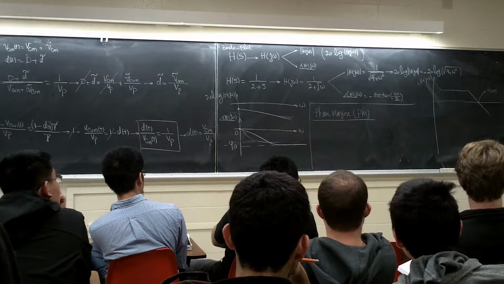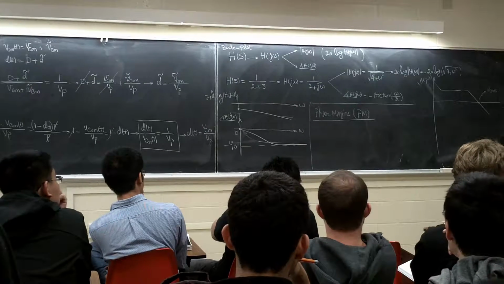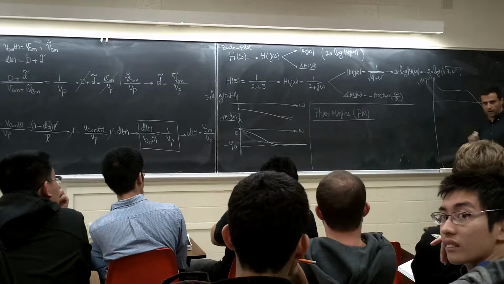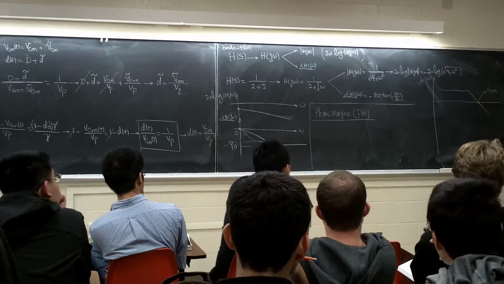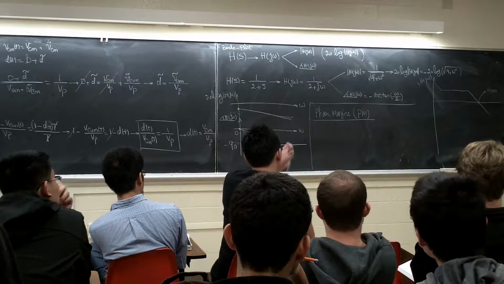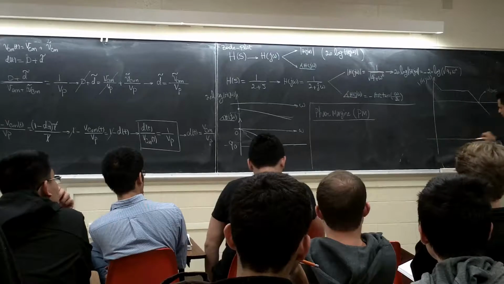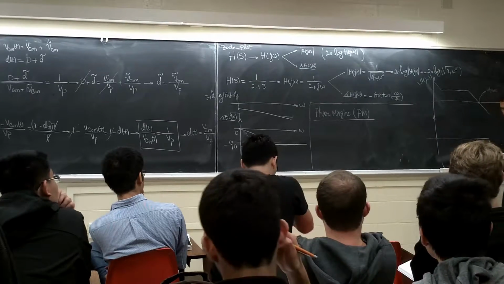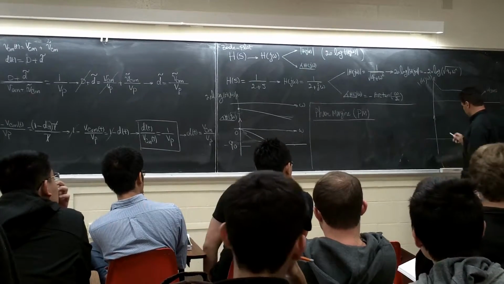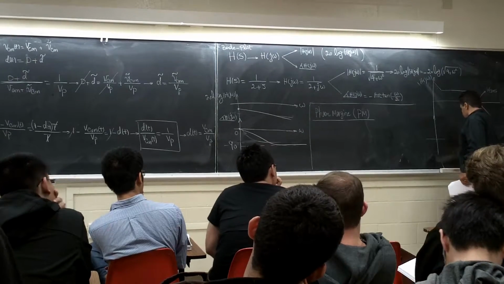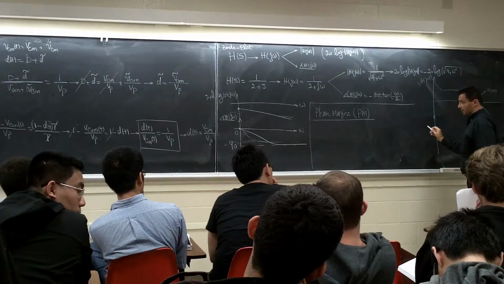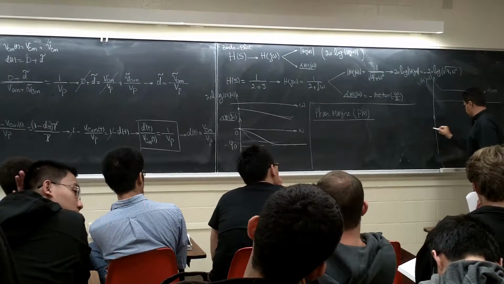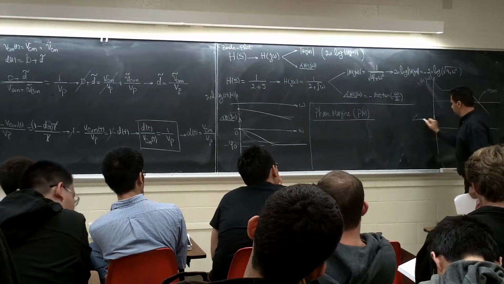So basically at omega cross, how much is the H of j omega? It is 0, I mean 20 log of H of j omega. So let's say the phase margin, for example, is like this. The phase of H is like this.